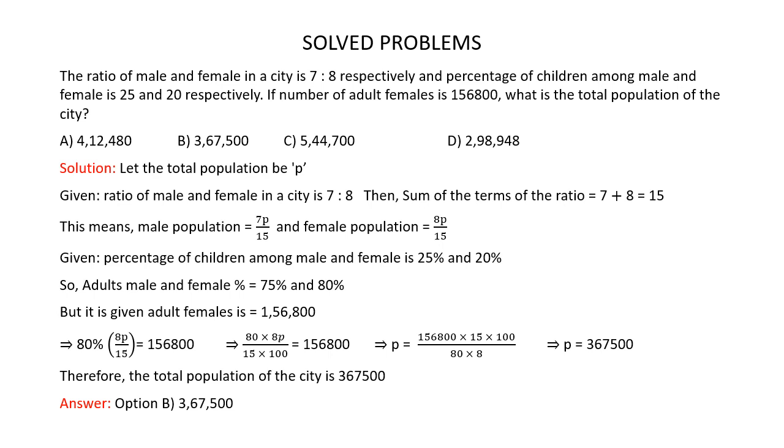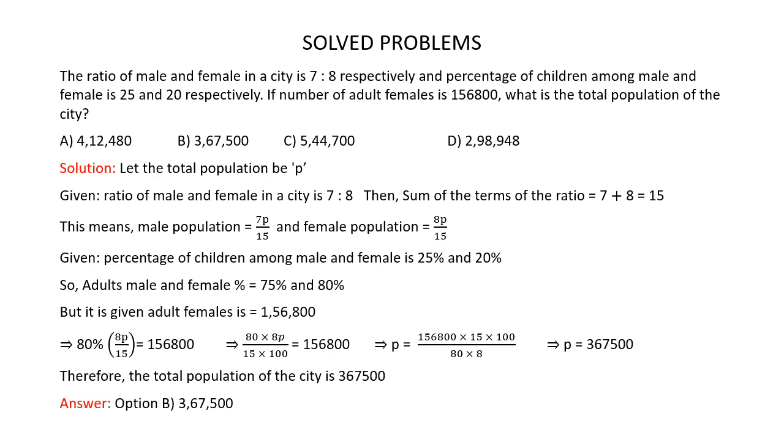Now, since you have to find the total population of the city, assume that the total population is P. It's given that the ratio of male and female in the city is 7 is to 8. So, the sum of the terms of the ratio is 7 plus 8, which is 15.